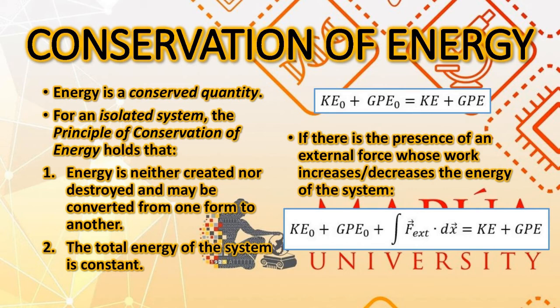This is our adjusted equation for conservation of energy. If there's no external force, then the work done by the external force will be zero, and we go back to the first equation for conservation of energy.